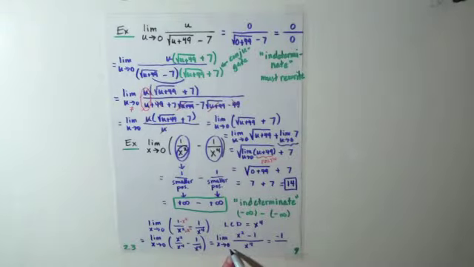Well, okay, so the bottom is going to be getting smaller and smaller in size. It'll be a small number in place of x, and I'm going to raise that to the 4th power. So whether x is approaching 0 from the right and is positive, or x is approaching 0 from the left and is negative, when I raise this to the 4th power, I will end up with something that is positive in sign.